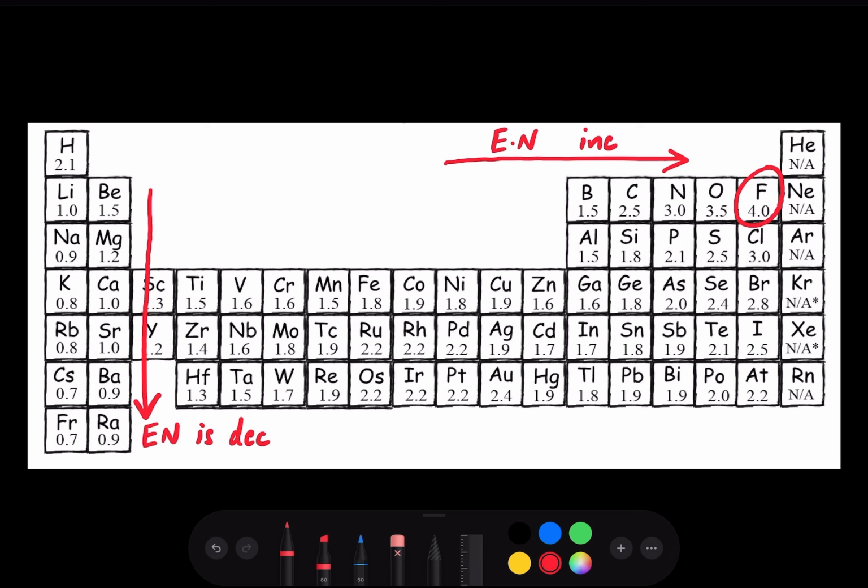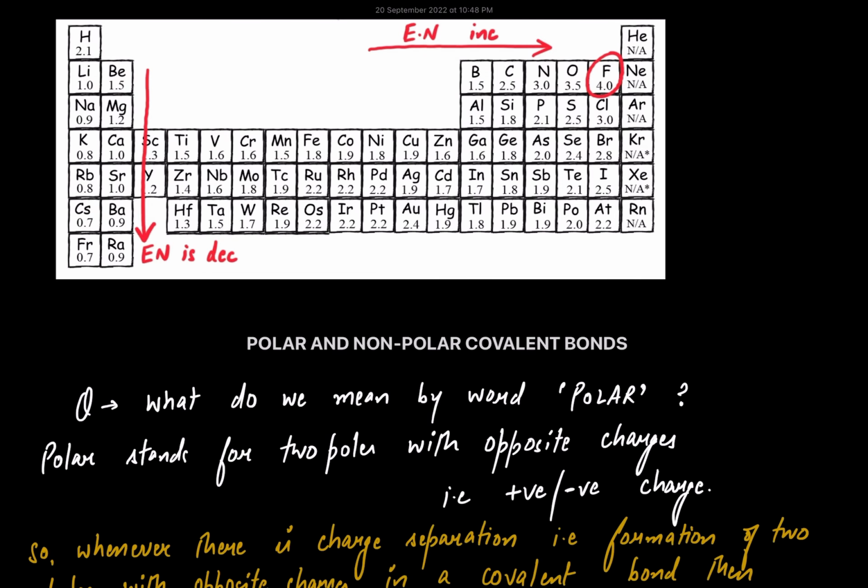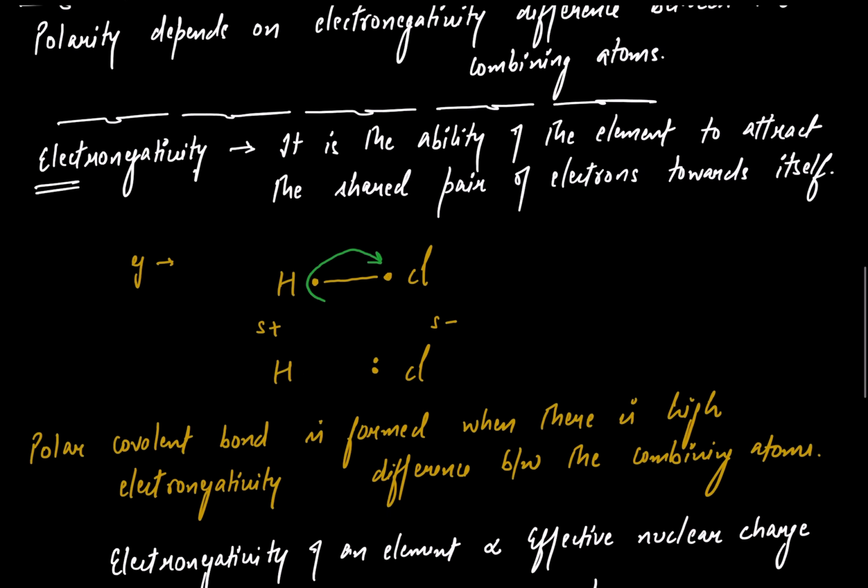So, whenever there is a bond formation between two elements, we have to evaluate the electronegativity difference, and we are having certain ranges of electronegativity difference of bonds between the elements to assign whether that bond will be polar or not. So, let me give you those ranges.